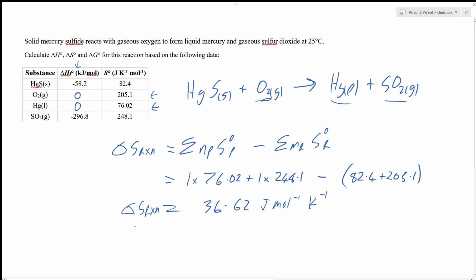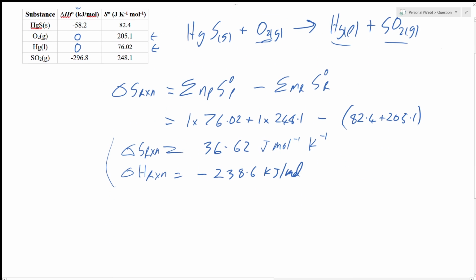And before, we worked out that our enthalpy of our reaction was minus 238.6 kilojoules per mole. So now we can work out the Gibbs free energy of this reaction by knowing that the Gibbs free energy is our enthalpy of our reaction minus T times the delta S of our reaction. So that means we can substitute in what we know.